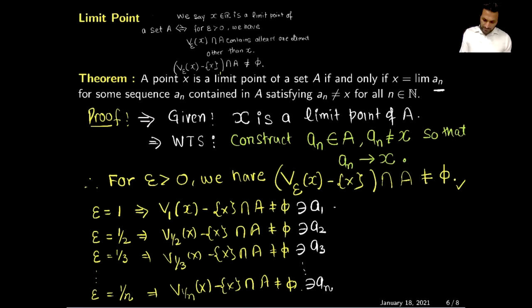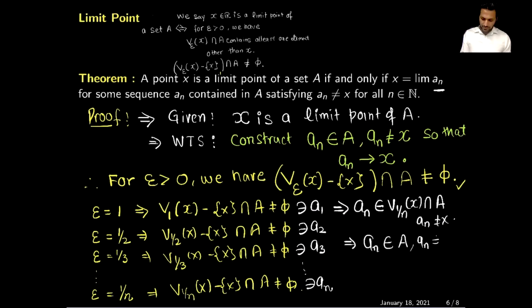In general, each term of the sequence a_n belongs to V 1 over n of x other than x, intersection A, where a_n is not equal to x. In other words, the sequence a_n belongs to A and a_n is not equal to x.